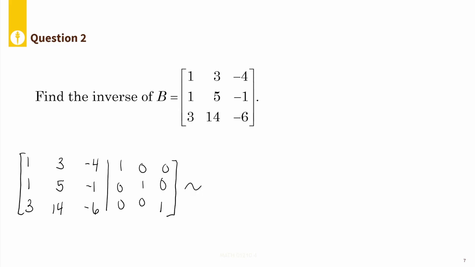First step: negative R1 plus R2, and negative 3 R1 plus R3.